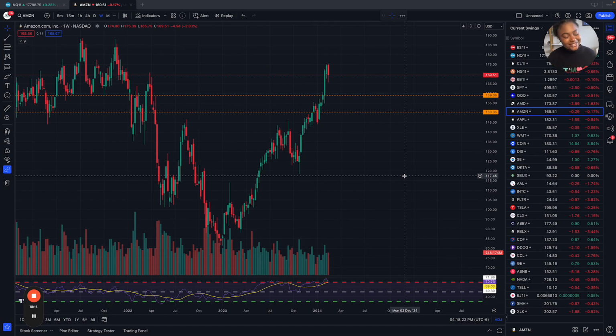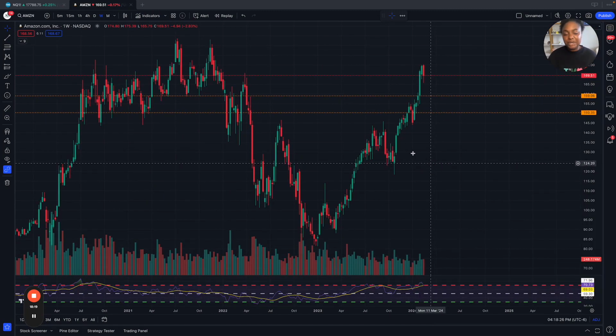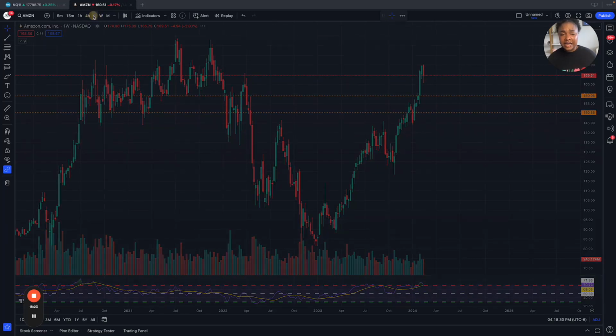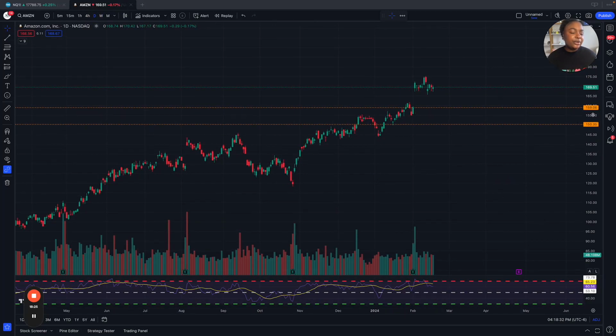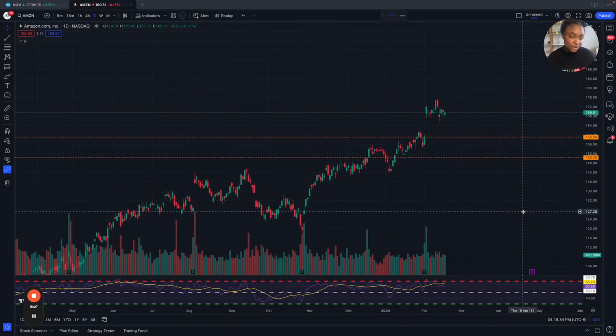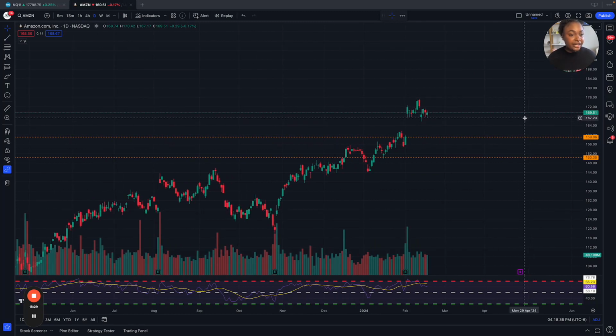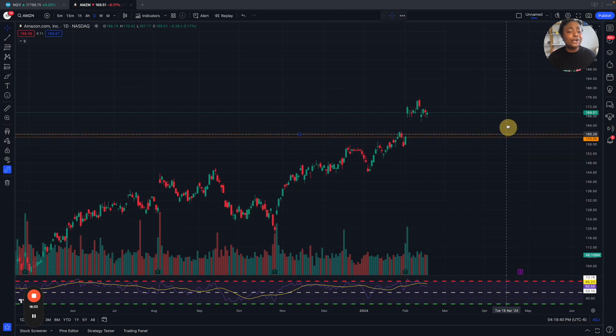Amen? Amen. So here on Amazon, on the weekly, beautiful bearish engulfing, overextended on RSI, oversold on RSI. We have sat here in this just absolutely hideous range, pretty much making these same lows. We're going to go ahead and move these up.